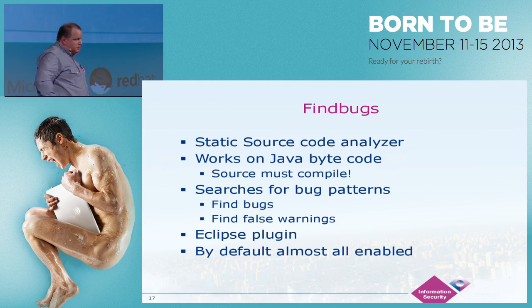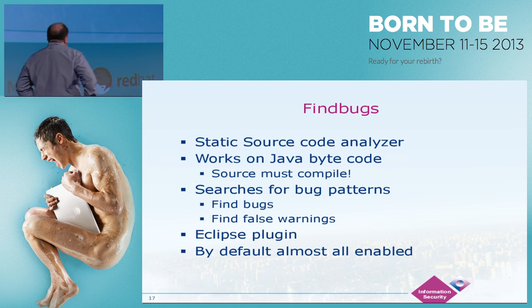Findbugs. Well, Findbugs is a source code analyzer, and I love it a lot because it's got a nice user interface to work with. But Findbugs works on Java bytecode, so your code needs to be compiled, otherwise it won't work. And it searches for bug patterns.